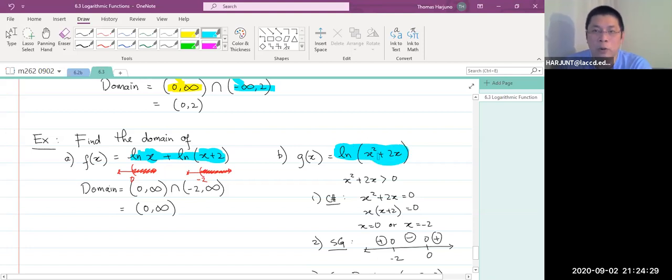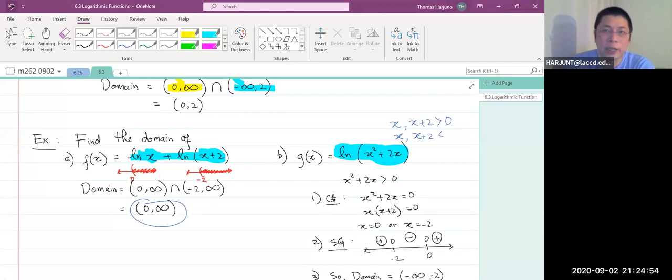So the product may be positive if x and x plus 2 are both positive, right? That's the case for x greater than 0, or if both of them are negative, and therefore the product is positive. Okay, so they look the same, but again, the devil is in the detail.